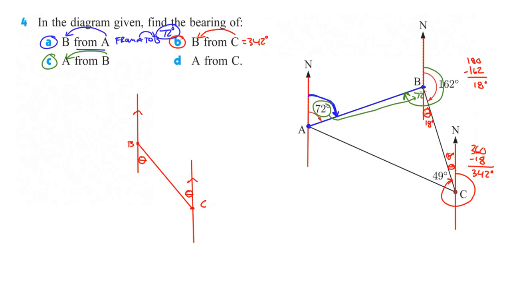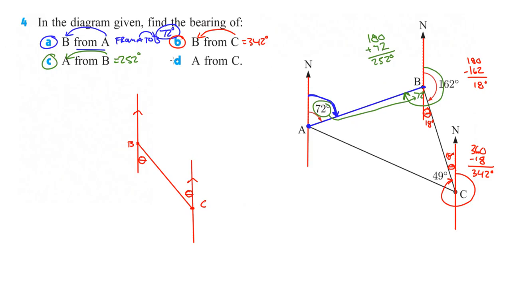Flip them. Yes, alternate interior, right? This angle right here, cross over that transversal and slide in the corner. That's 72 also. So we know that from here to here is 180. Add the 72, and we are in business, right? 252. Okay? All right, one last one.